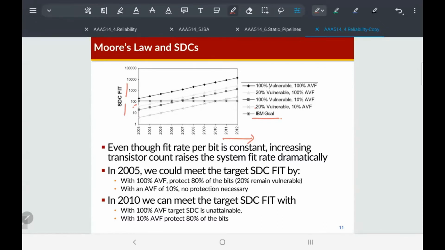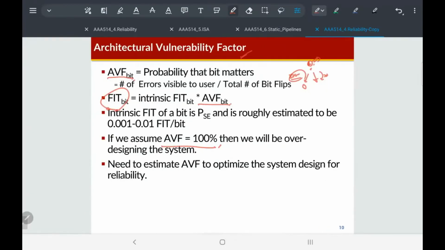Okay, so SDC should be lower than that, just this assumption maybe. Sorry about that, I need to fix my explanation. Actually, this is the probability of bit errors. AVF means that a bit error, like a bit fault, affects errors in the computer system.